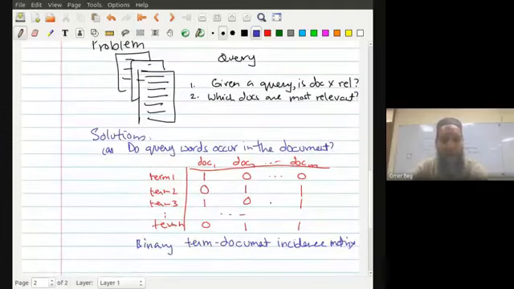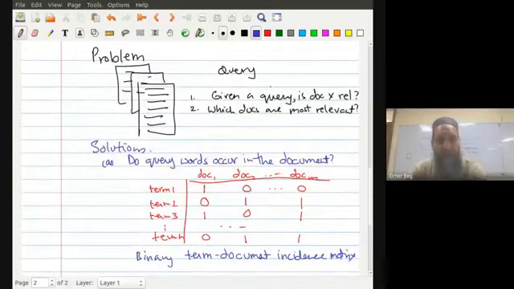How are we going to search through this matrix, and which of the above questions is it going to answer? So given a query, is document X related? You go to the document, you look at the term. Okay, given a term, let's say it's term 3 and it's document 2. No. So this document is not relevant given this term.